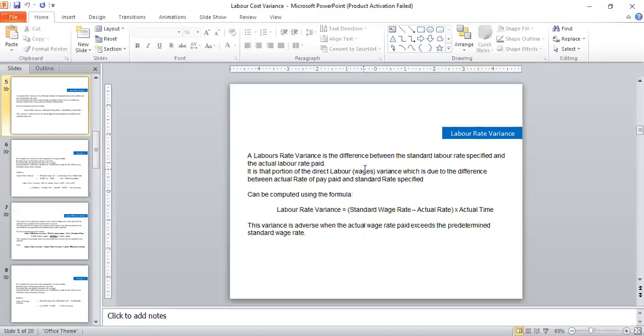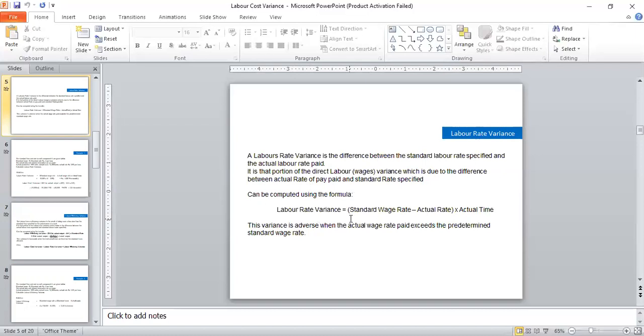If there is any difference, that is called the labor rate variance. It is that portion of the direct wages variance which is due to the difference between the actual rate paid and the standard rate specified, and can be computed with the use of a formula.